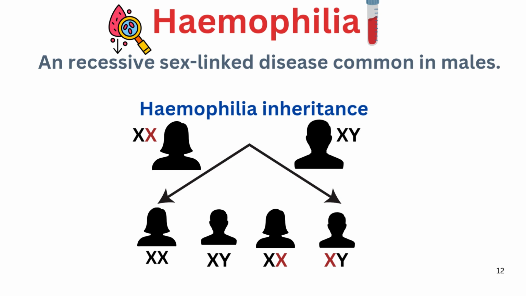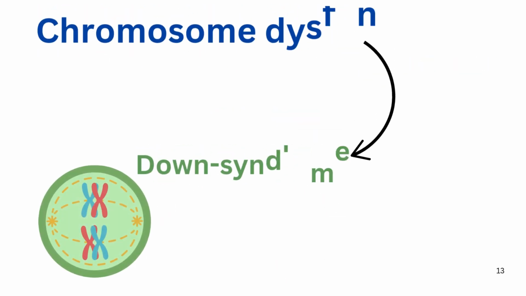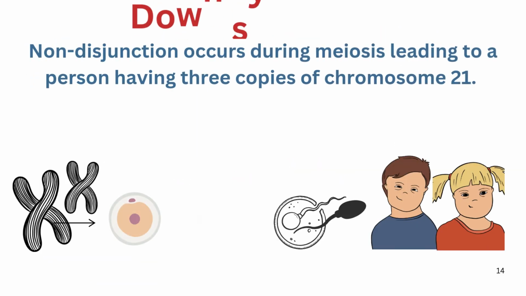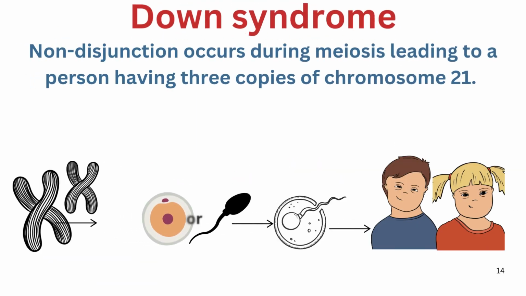Now, how does this link to chromosomal dysfunction? If there is a chromosome dysfunction, having more than enough chromosomes in one sex cell, it can lead to something known as Down syndrome. Down syndrome is when non-disjunction occurs during meiosis, leading to a person having three copies of chromosome 21.